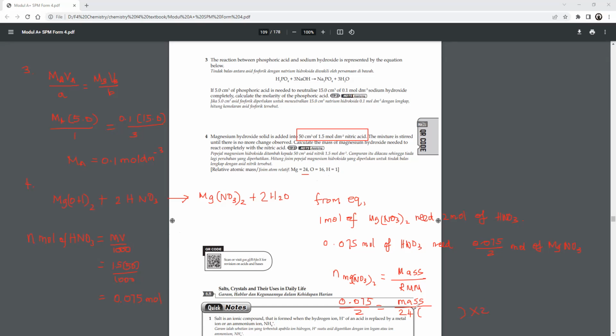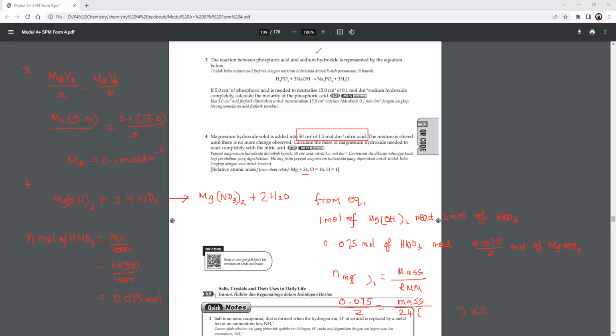Oh, no. They want not MgNO3, MgOH. Yeah, number of mole of MgOH, not NO3. Sorry, this one should be MgOH2. That's why they don't give N. Right?